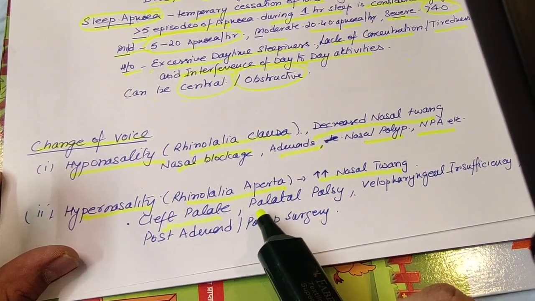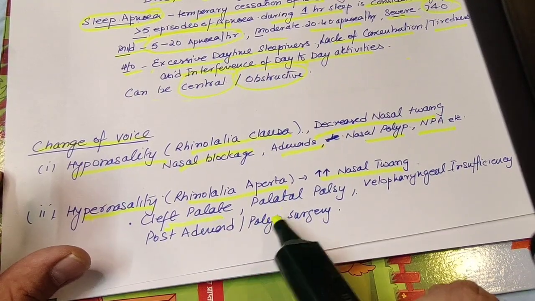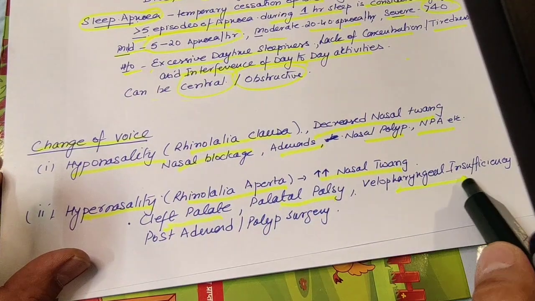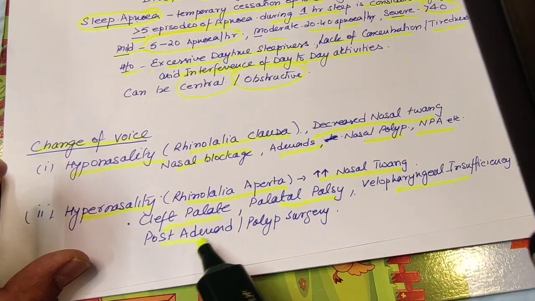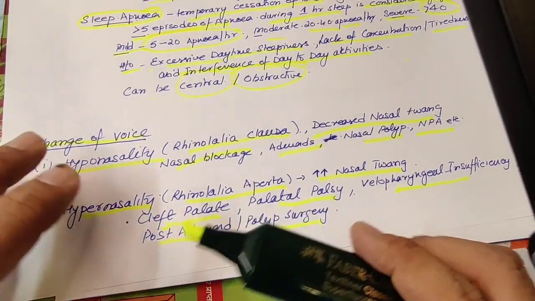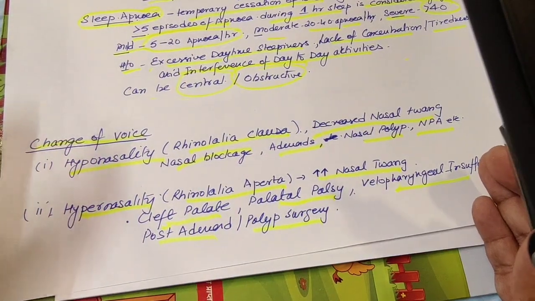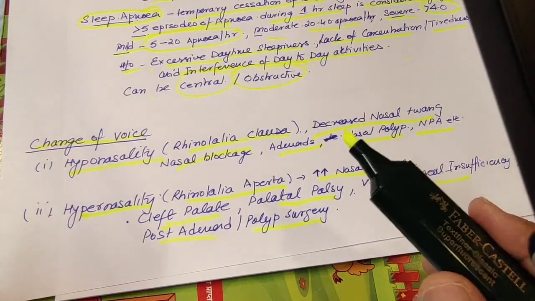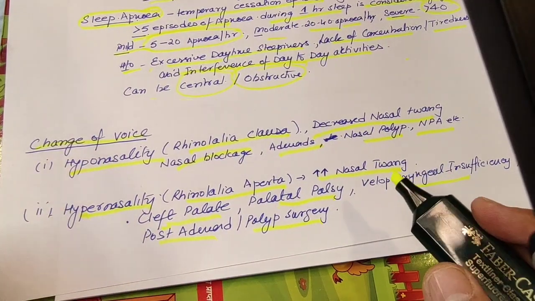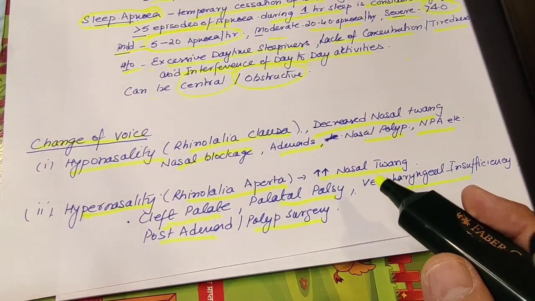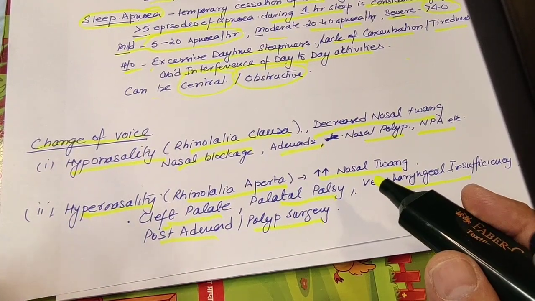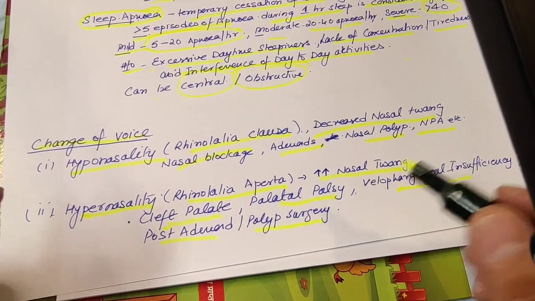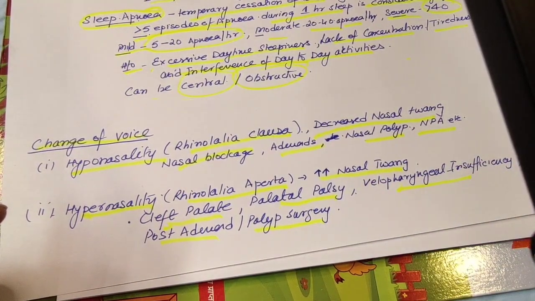So it can happen in patients of palatal surgeries or cleft palate patients who had palatal palsy or velopharyngeal incompetence, or post adenoid or post polyp surgeries where the cavity becomes more roomy, the nasopharynx becomes roomier, and the nasal cavity becomes roomier, leading to the vibration of sounds in the nasal cavity, and the patient has a typical hypernasal voice like "क्या कर रहे हैं, कैसे कर रहे हैं." This is how the patient will speak. That's just an example that I'm giving to you.